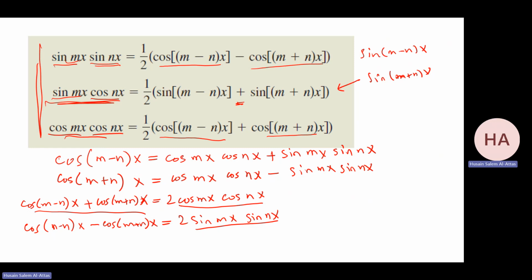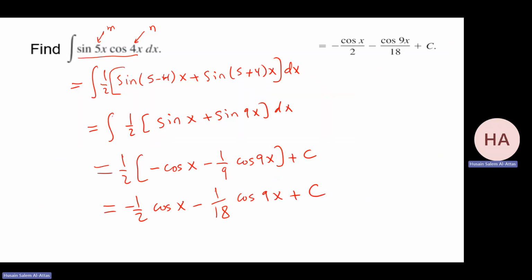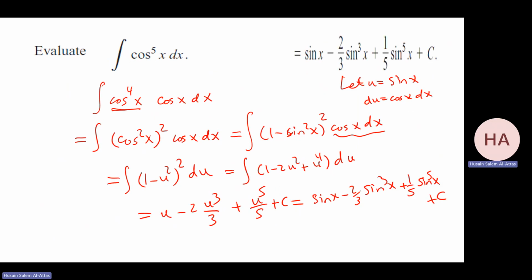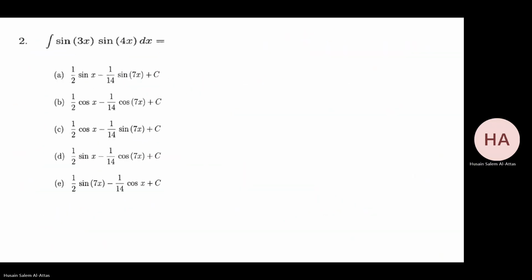These are sine mx sine nx, sine mx cosine nx, cosine mx cosine nx. In this question I have sine times sine, so I need this formula: cosine of the difference minus cosine of the sum, over 2. So sine times sine will be half the integral.